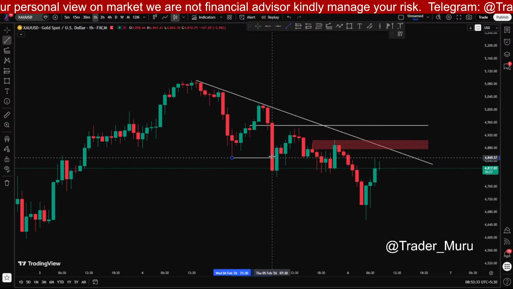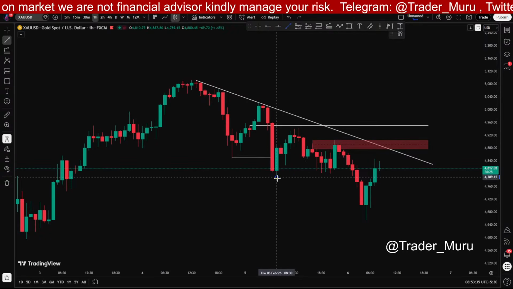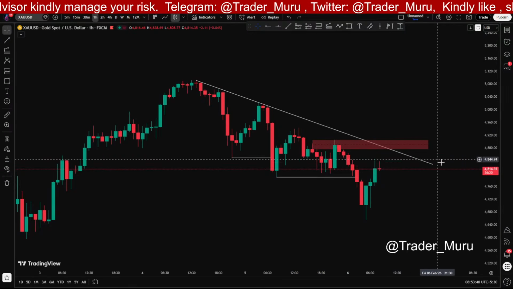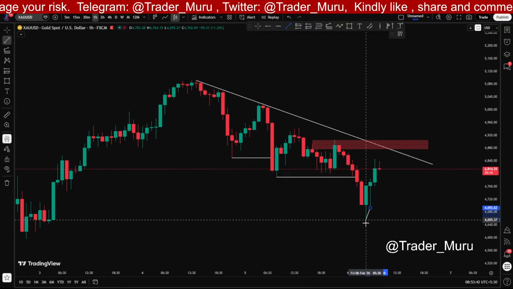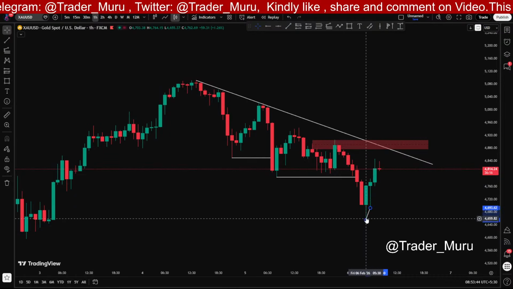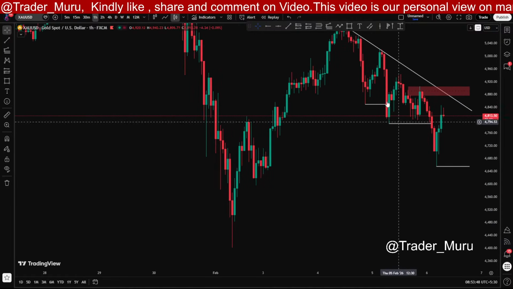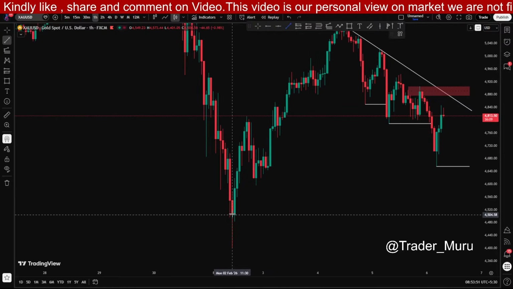This is the current structure, making lower lows and lower highs. Again a new lower high and then it can drop. This will be the first target, the second target will be 45, till this zone.